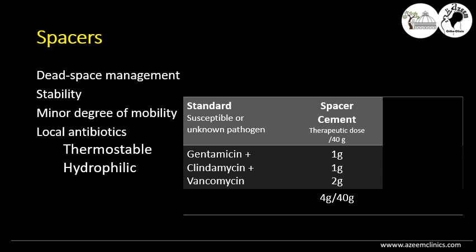Usually we use 4 grams of antibiotics for every 40 grams of cement. The standard antibiotics in cases of unknown pathogen is 1 gram of gentamicin combined with 1 gram of clindamycin and 2 grams of vancomycin.